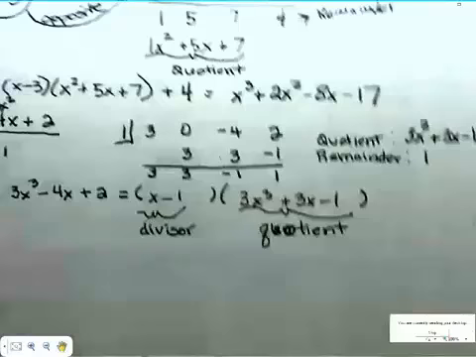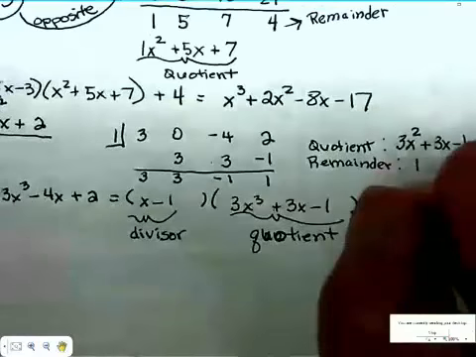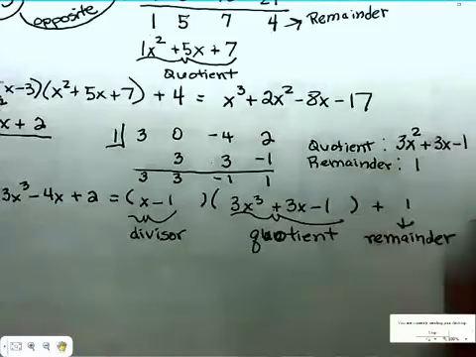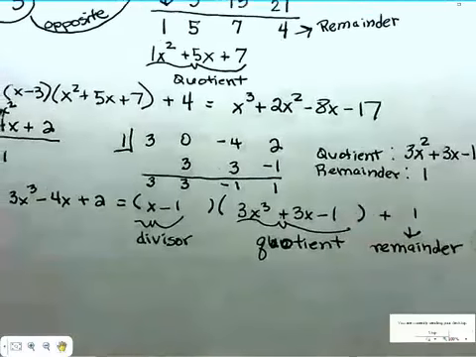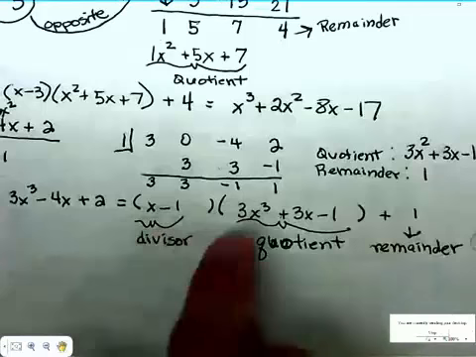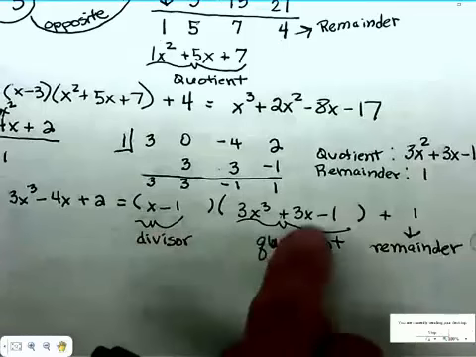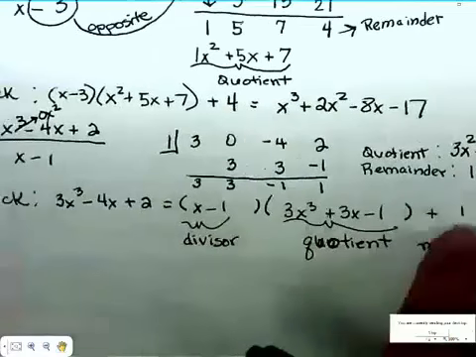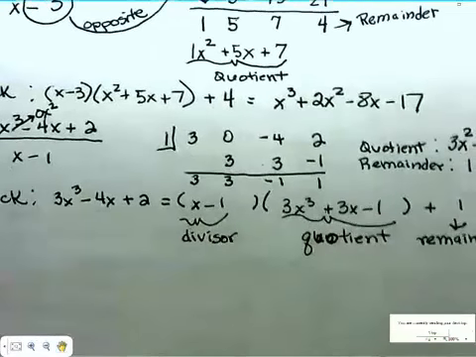Plus the remainder. If I multiplied x minus 1 times 3x squared plus 3x minus 1, and then added that remainder, I'd get back the original polynomial we started with.